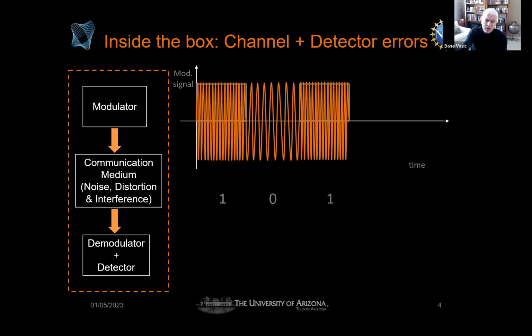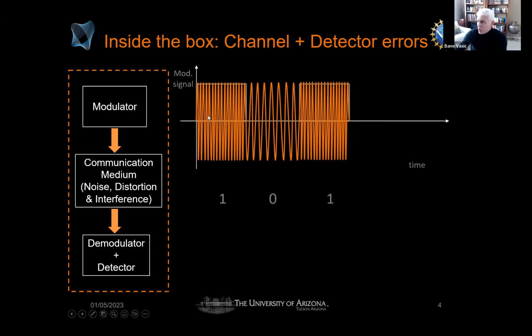The way that we do this practically is the modulator converts our sequence of binary zeros and ones into an analog waveform. In this plot, I show that ones are represented by a cosine signal of a higher frequency, and zeros are represented as, let's say, a cosine signal of lower frequency.